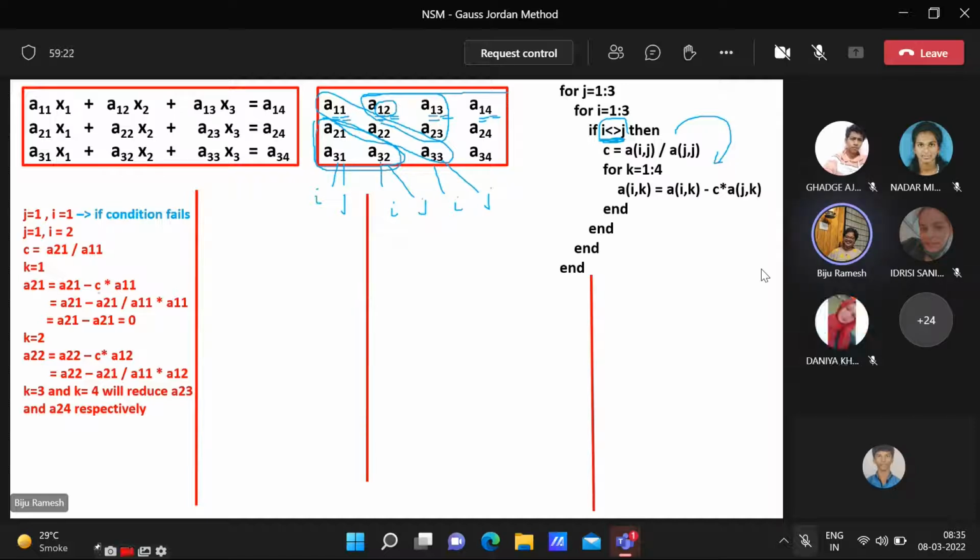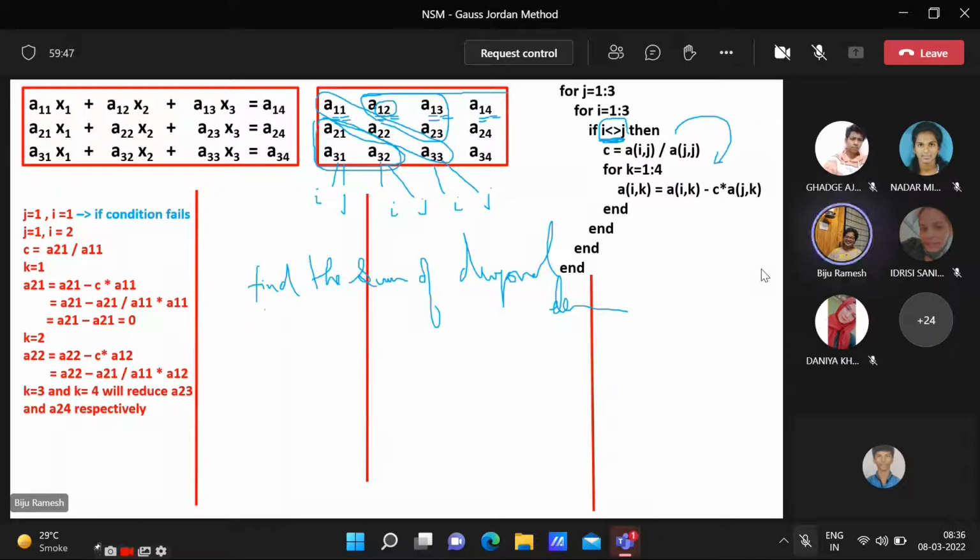Now, for example, suppose you are asked to find the sum of diagonal elements.